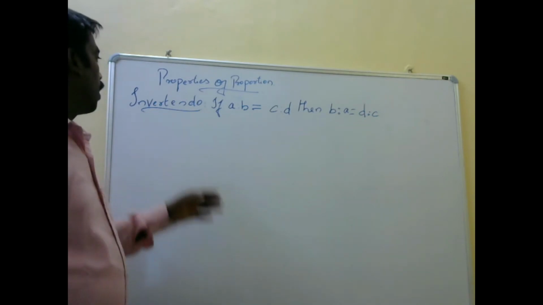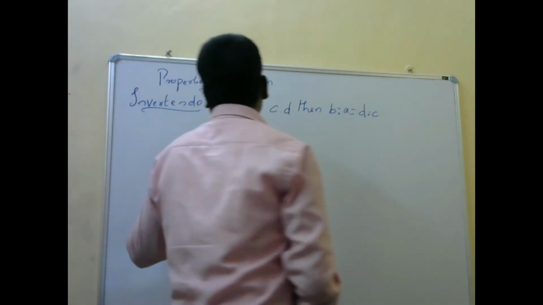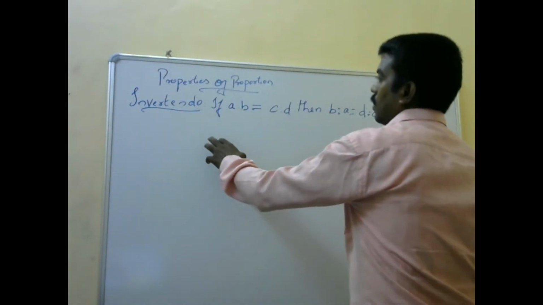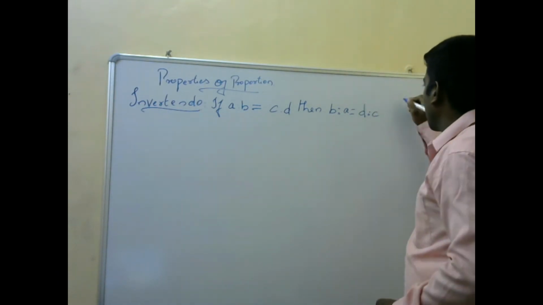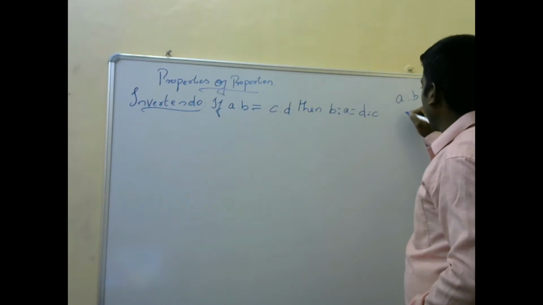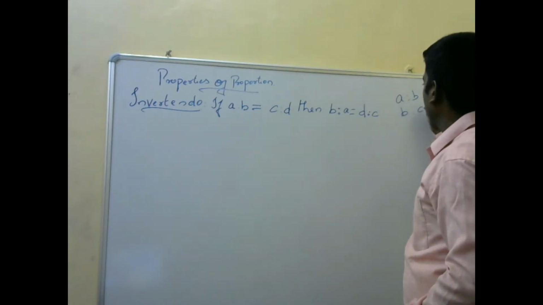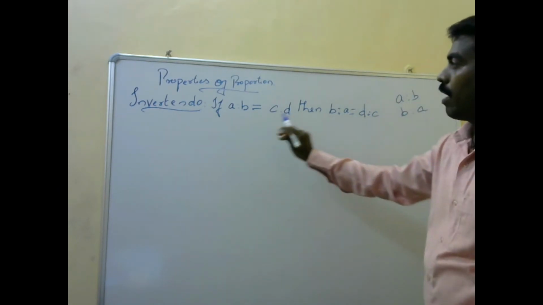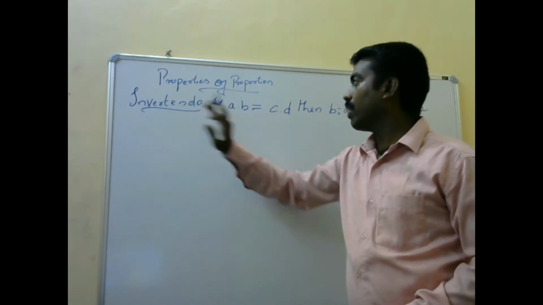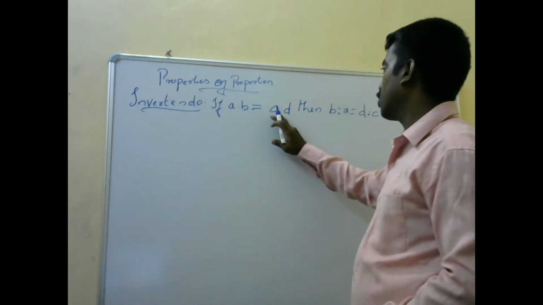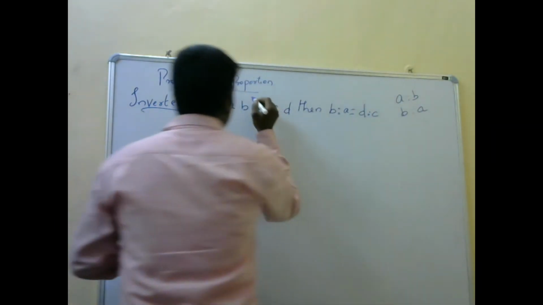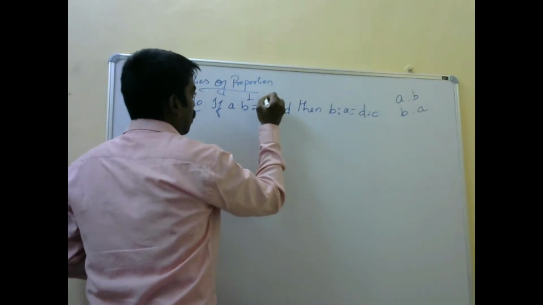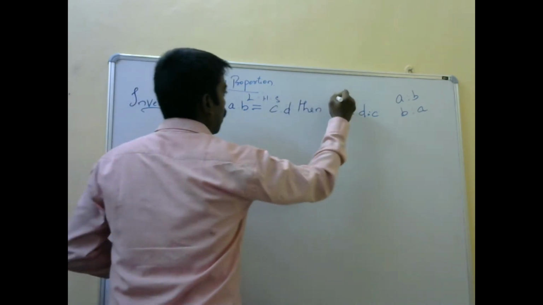Second one is invertendo proportion. What is invertendo? In ratio, I have said what is inverse ratio. Inverse ratio is nothing but A is to B, we write as B is to A. The same thing we have to follow in invertendo. If A is to B is equal to C is to D is given, this is LHS and this is RHS.